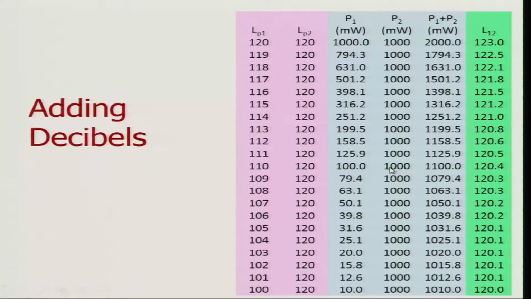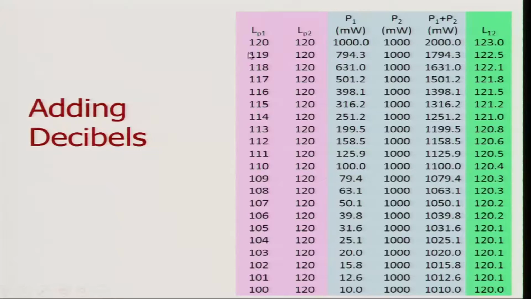So, that is what this table shows. What you have is two individual sources, source 1, source 2, and here we are actually computing pressures.